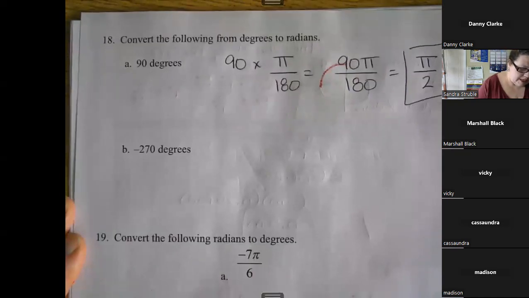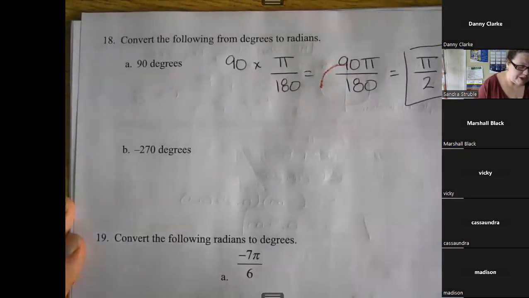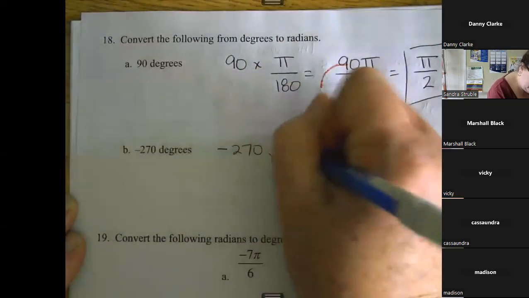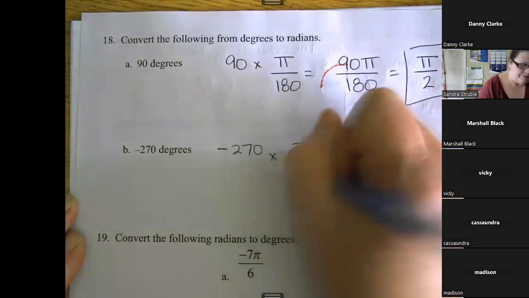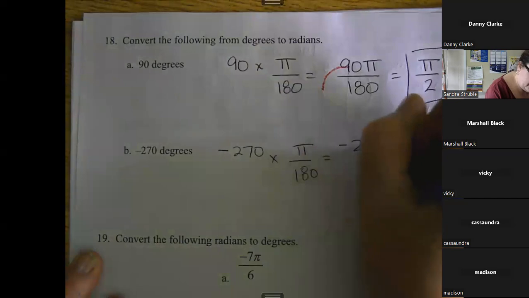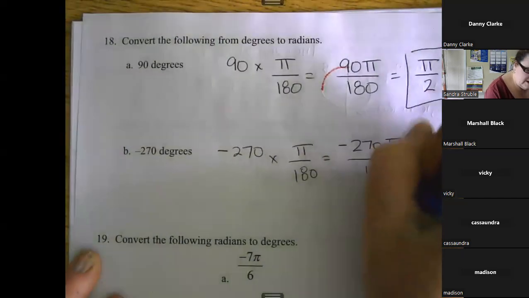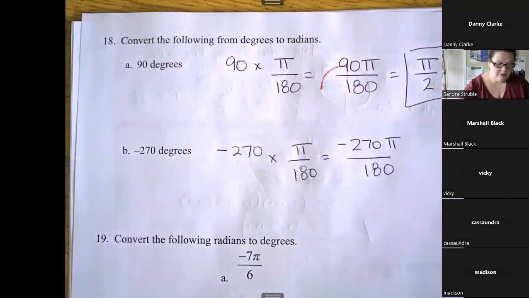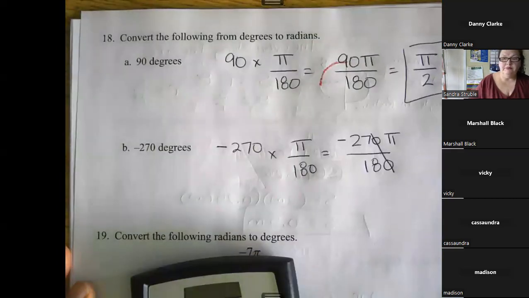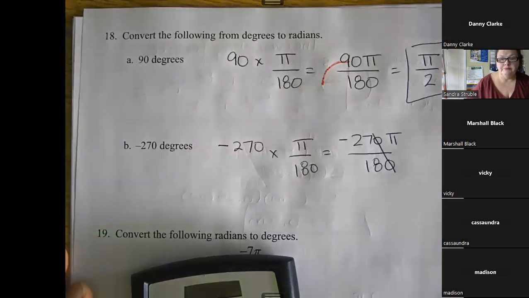Okay, so again, I'm going from degrees to radians. So negative 270 times pi over 180. That's equal to negative 270 pi over 180. First thing I do is reduce by 10. Zeros are now gone. I don't like big numbers.